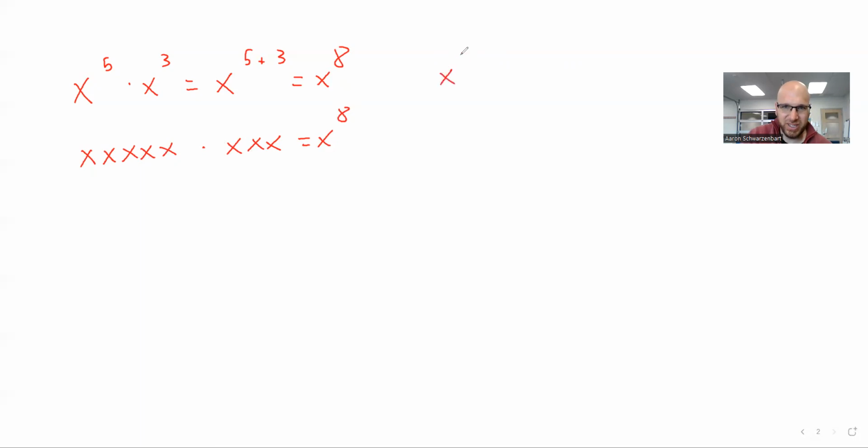I can apply this to fractional exponents. Again, all I'm doing here is adding the exponents. Now, I must add my fractions to add these up. So I'm going to add my fractions down here. 1/2 plus 2/3. I need a common denominator.